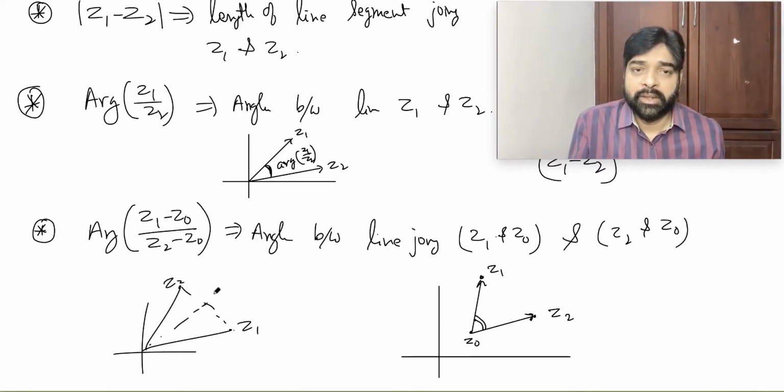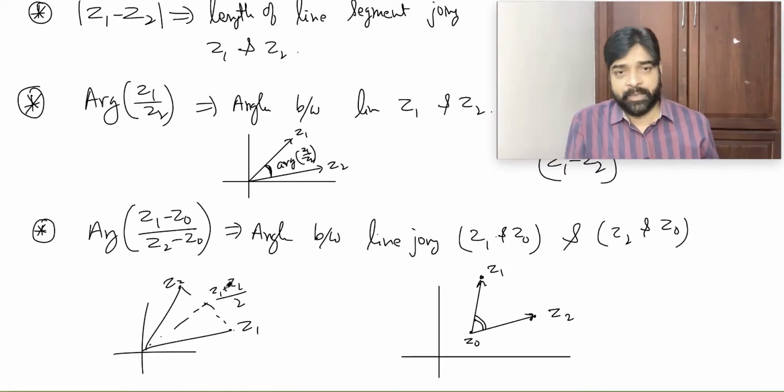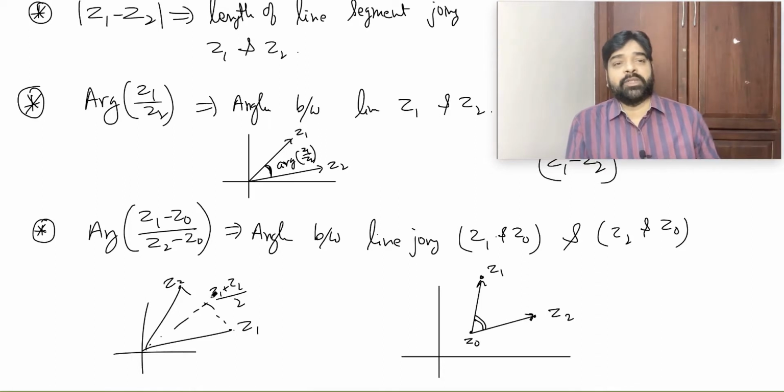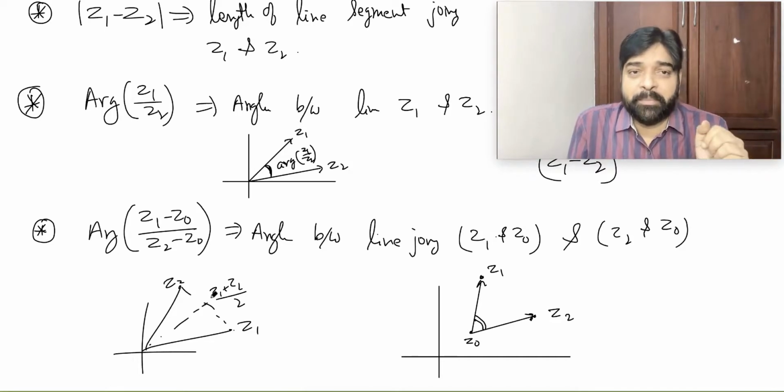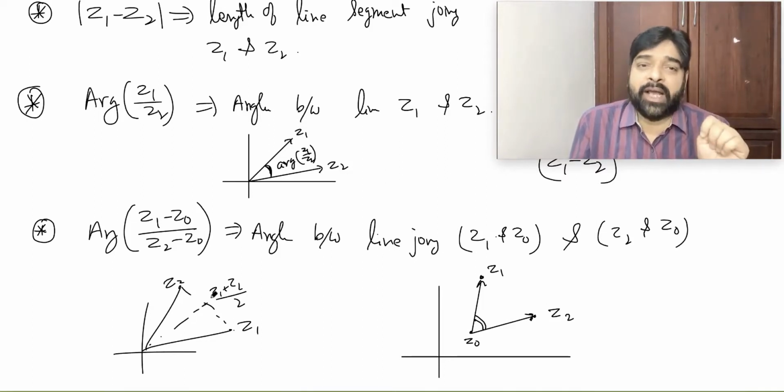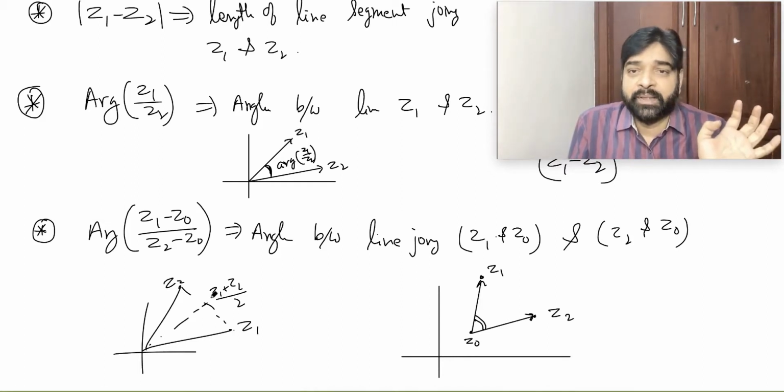Z1 plus Z2 by 2. As it is coordinate geometry, whatever you studied, everything will continue. Internal division, if it divides in the m:n ratio, is mZ2 plus nZ1 divided by m plus n. For external, minus will come. If the vertices of a triangle are Z1, Z2, Z3, then the centroid of the triangle will be Z1 plus Z2 plus Z3 by 3.